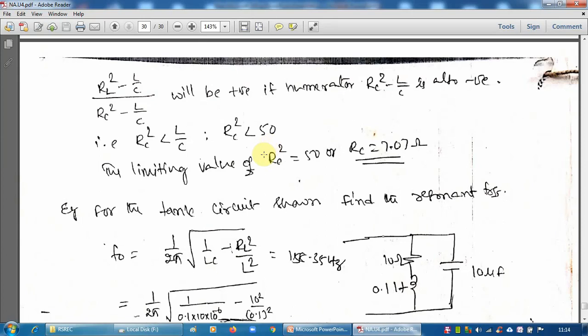That is about series and parallel resonance. With this, the fourth unit is over. It consists of self-inductance, mutual inductance, and coefficient of coupling, which are covered in one video.